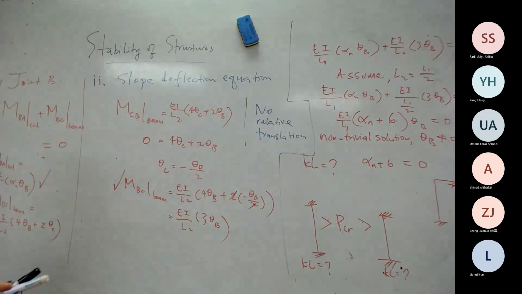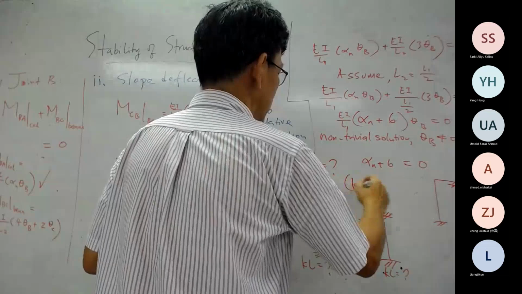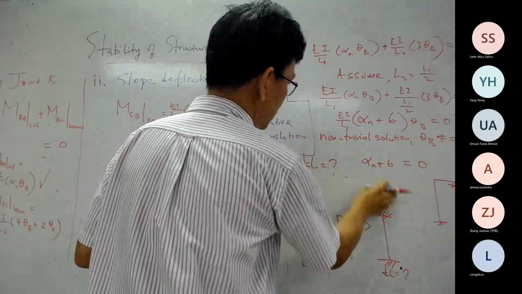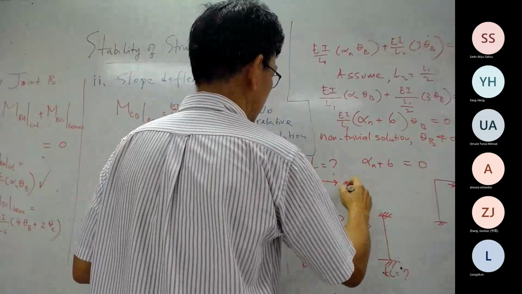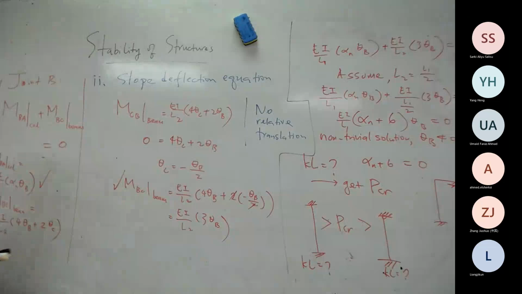Then from there, you get the P critical. So you square this, you have to find P critical after you determine the KL. After you get the KL, then you can get the P critical.